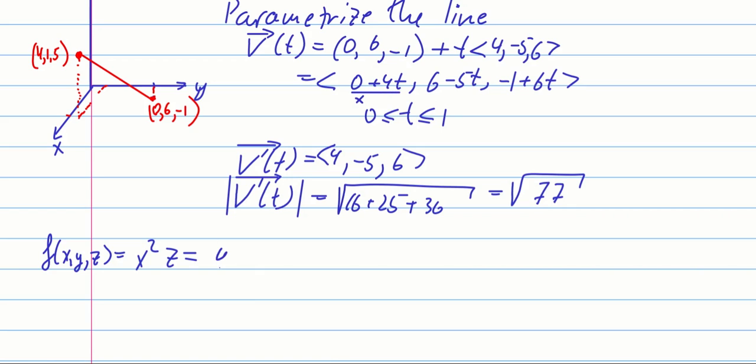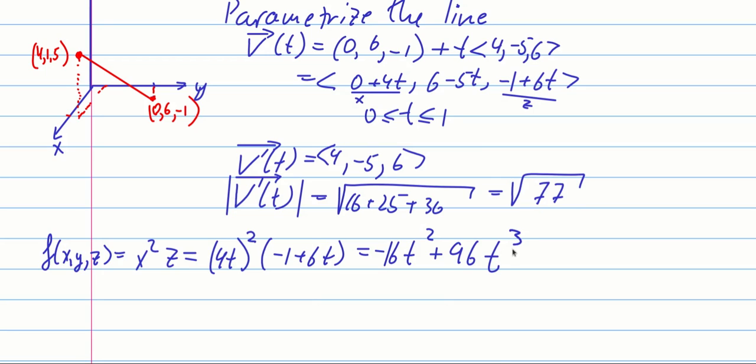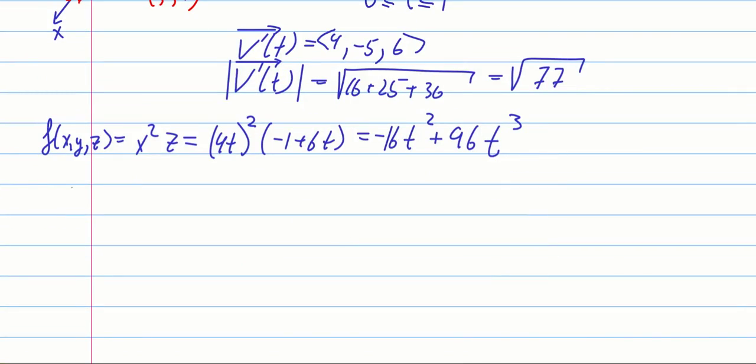So we put (4t) squared, and for z we put this value, this is z, so we put -1 plus 6t, and if we multiply it out we're gonna get -16t squared, and then we have 16 times 6, it's 96 t cubed.